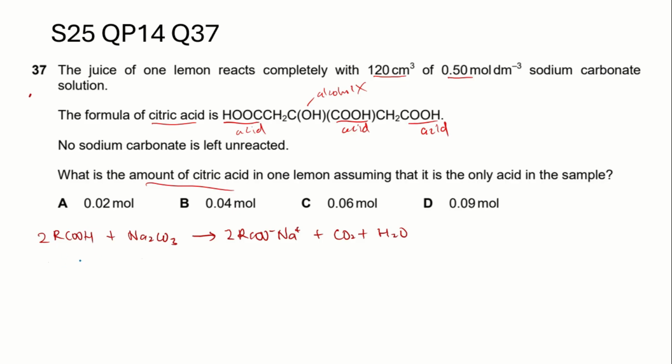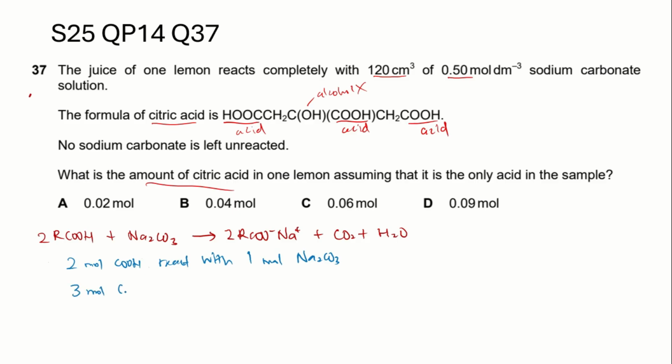So from this equation, I know 2 moles of COOH will react with 1 mole of sodium carbonate. In 1 citric acid, we have 3 COOH functional groups.